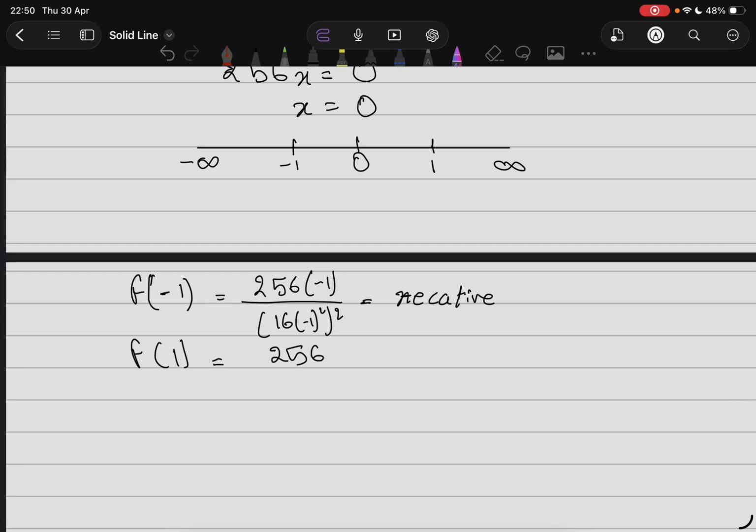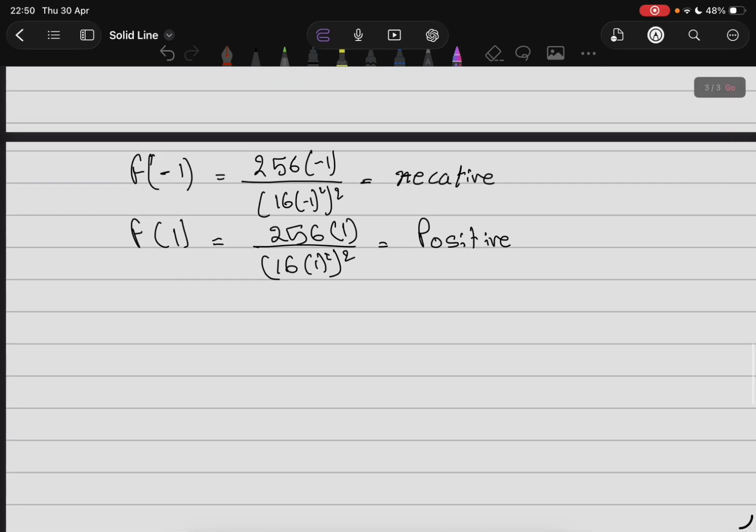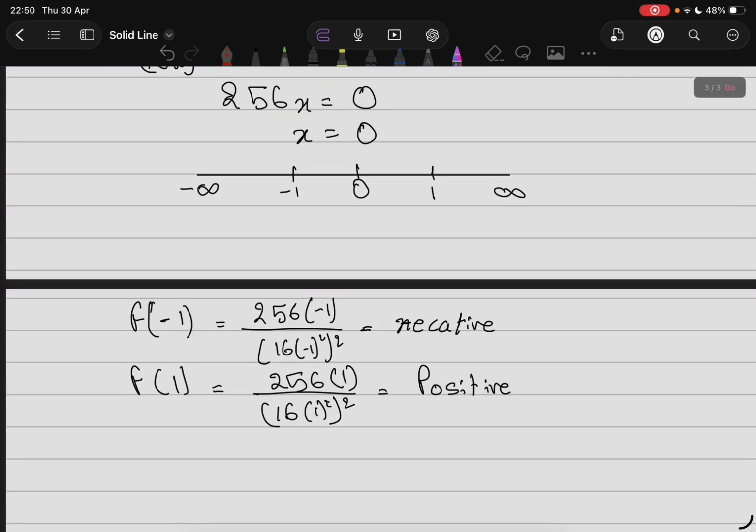Here we don't care about the math, we just care about the sign at the end. Here we're gonna know that it's a point of inflection. It's minus here and then it's plus here.